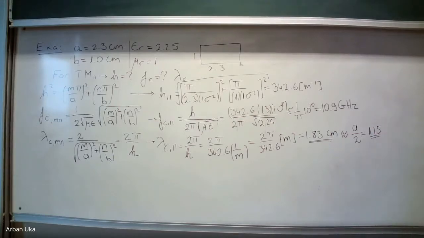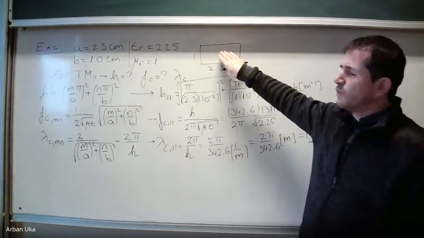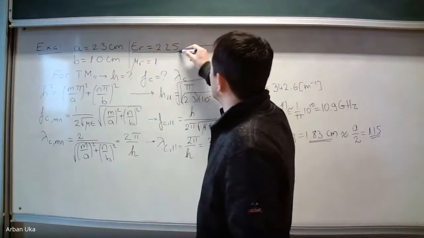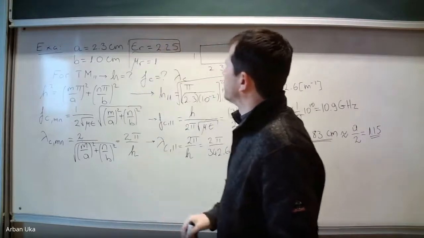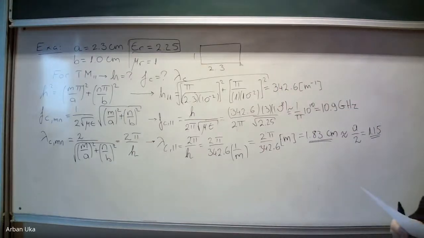But this is the case if this waveguide was air. This is not air, we have a medium which is a lot different. It's a dielectric, which is different from vacuum.